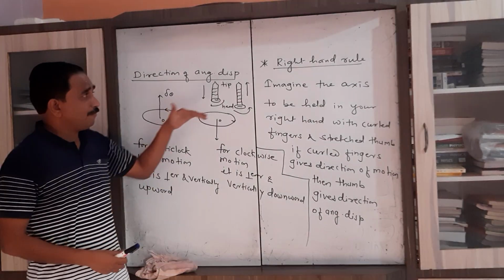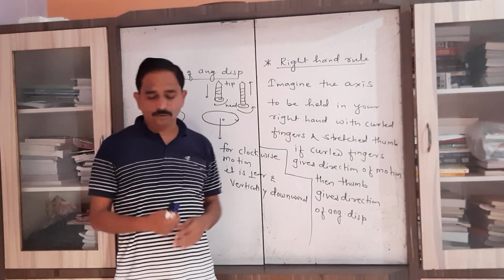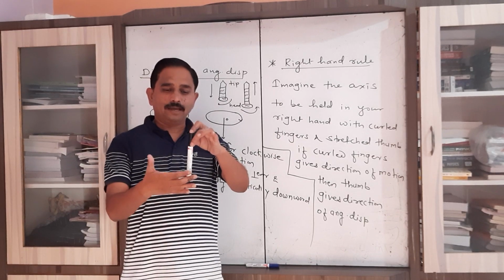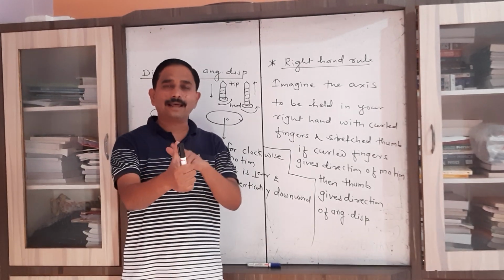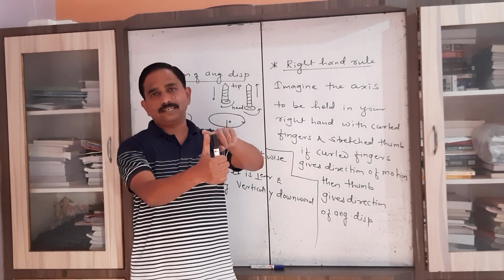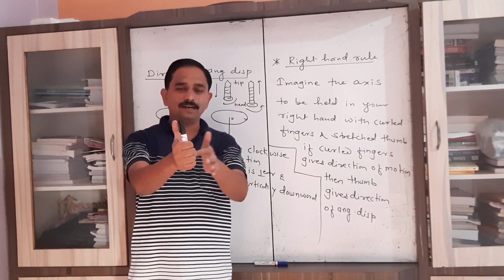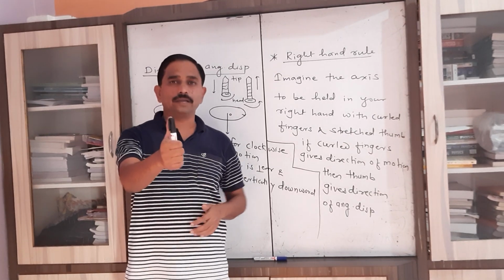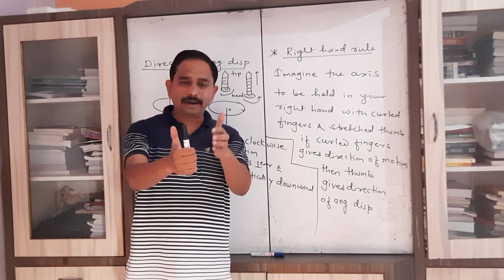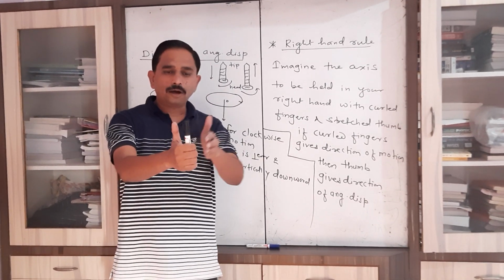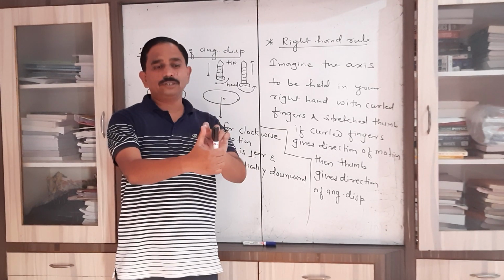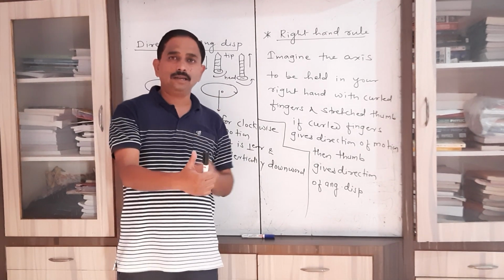According to the right hand rule, imagine the axis of rotation is held in your right hand in such a way that the thumb is stretched and the fingers are curled around it. If the fingers give us the sense or direction of rotation of the object, then the stretched thumb gives us the direction of that physical quantity.